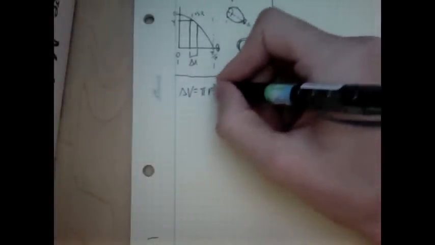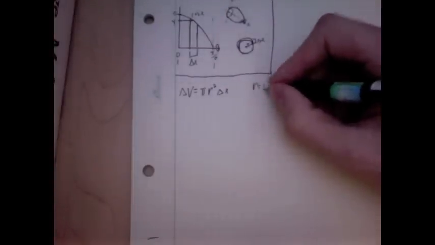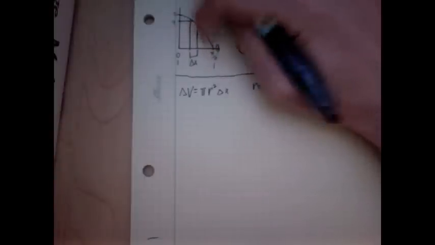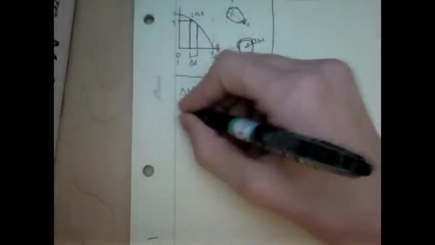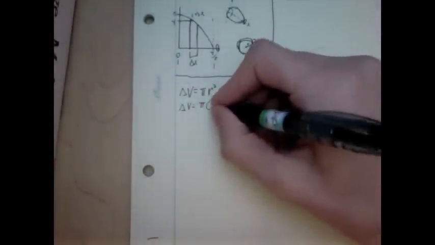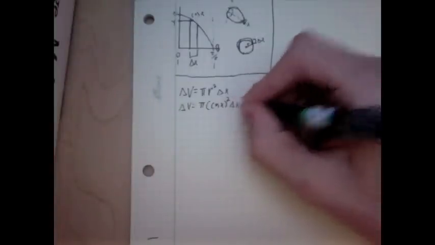So we know r is just equal to cosine x, because as x changes, the radius changes in relation to x by cosine x, because that's the line. So we can put it in terms that we can calculate. delta V is equal to pi cosine squared x delta x.